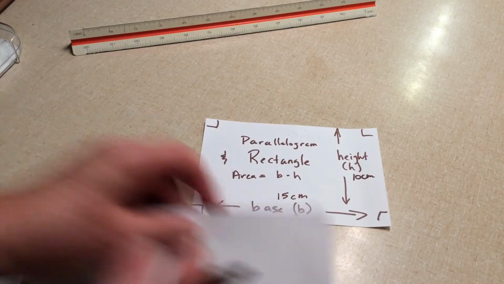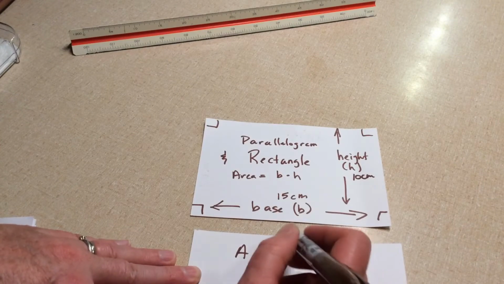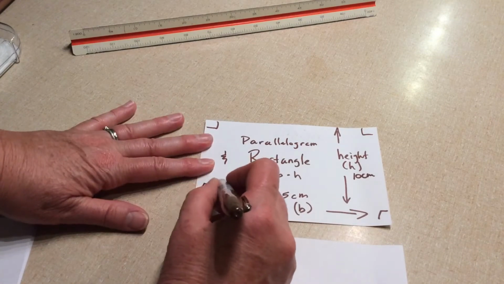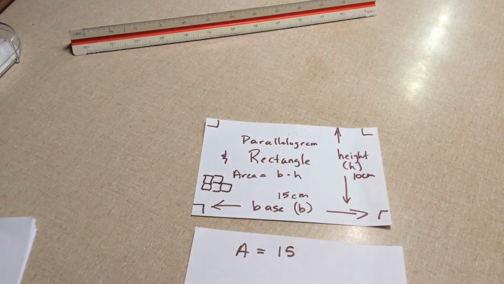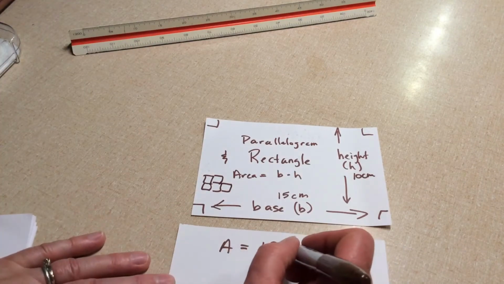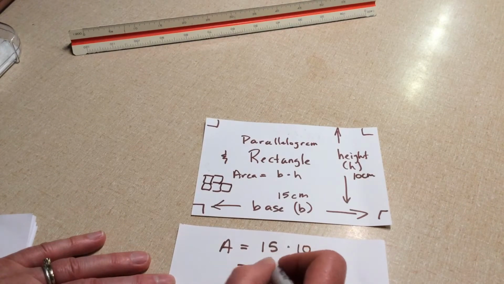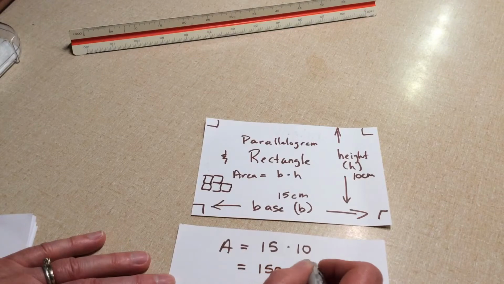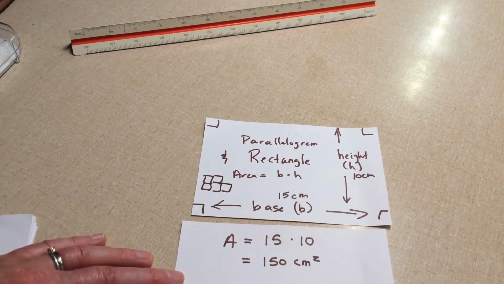So the area of this is base times the height, and that would tell you how many of 1 centimeter by 1 centimeter square units fit inside of this figure. So 15 centimeters times 10 would be 150 centimeters to the power of 2, or square centimeters.